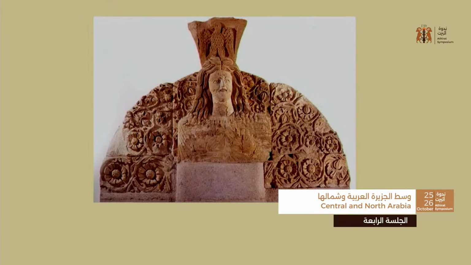We see the eagle also in many different cultures. For example, for the Seleucids and the Ptolemies, it was depicted on many archaeological artifacts and also on coins. And we see here one of the sculptures of Khirbet al-Tannur.